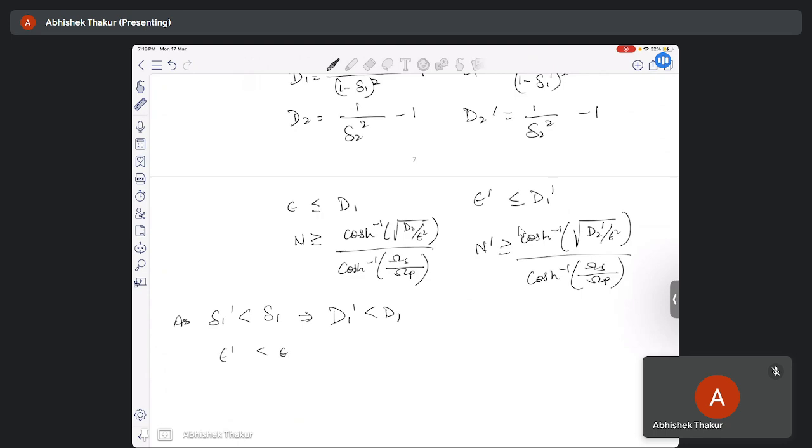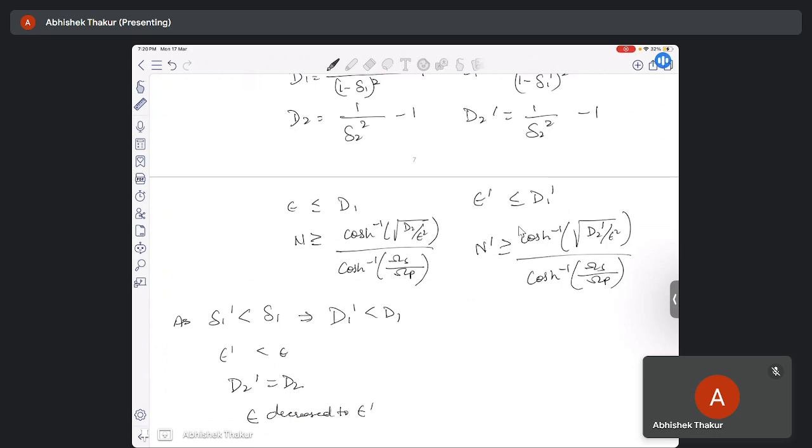As the stop band constraints have not changed, it implies that d2 prime is equal to d2, but epsilon has decreased to epsilon prime.